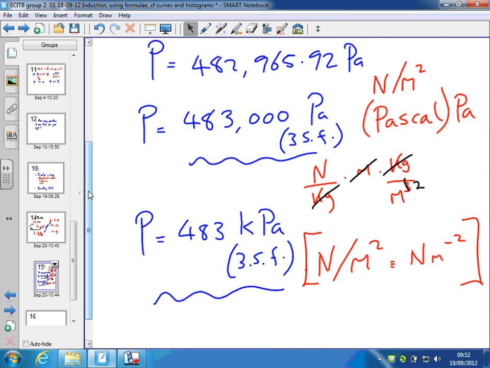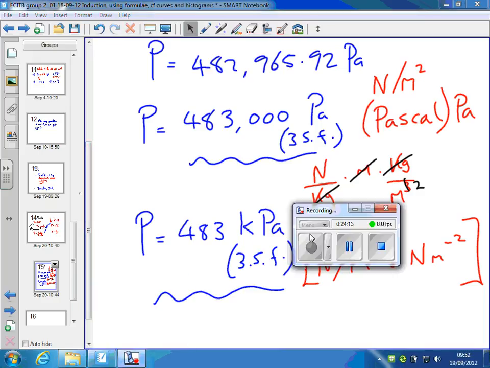Once you've done that, you need to think about the accuracy. And then you look back at the original measurements for that. Once you've got the accuracy, if you've got a very big number or a very small number, you might decide to use some sort of prefix like a kilopascal. Okay, we'll pause there and go and have a break.